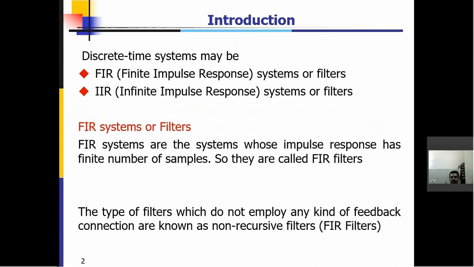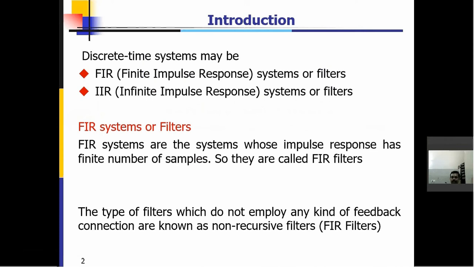Now, we are going for the introduction of IIR digital filters. The discrete time systems may be divided into two types. One is finite impulse response systems or filters, and the second one is infinite impulse response systems or filters. First, FIR systems or FIR filters.